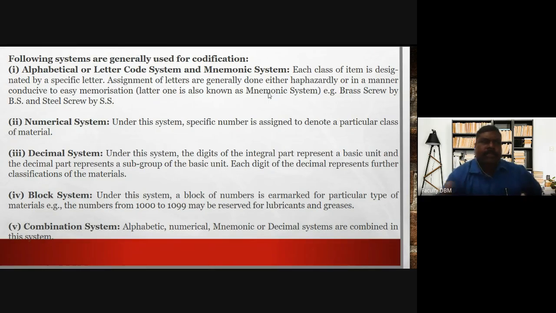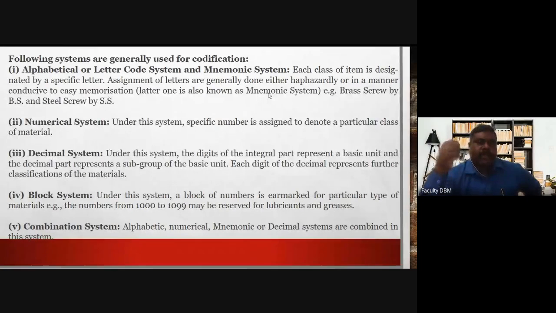Each class of item is designated by specific letters. Assignment of letters is generally done haphazardly or in a manner conducive to memorization. The letter code is known as mnemonic: brass screw, BS, and steel screw, SS. These letters are used to indicate that particular screw.